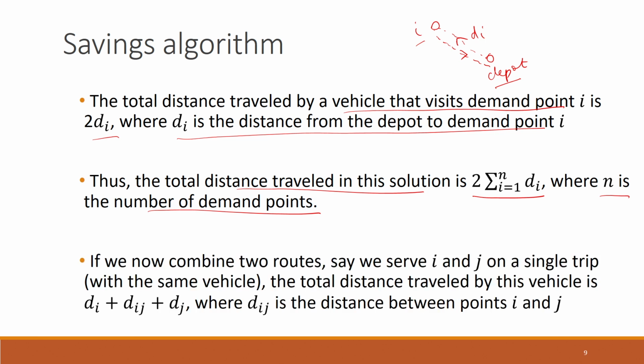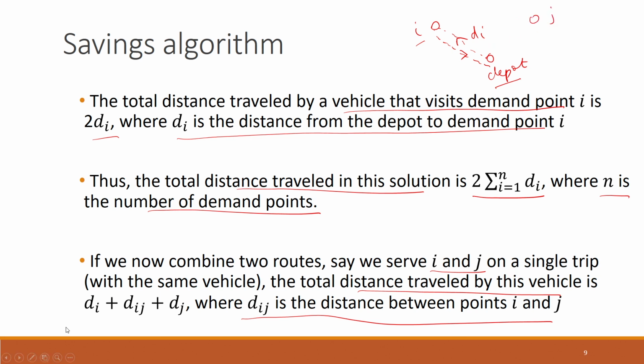So, if we now combine the two routes, say we serve the two customers i and j on a single trip with the same vehicle, the total distance that will be travelled by this vehicle will be equal to di plus dij plus dj, where dij is the distance between points i and j. Suppose you have a point j also.